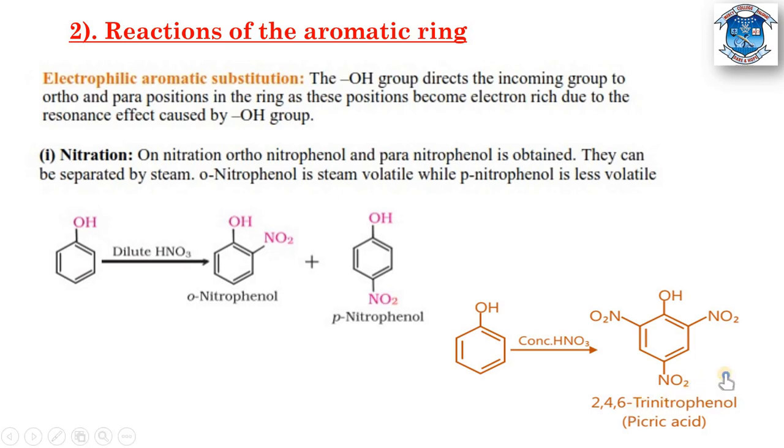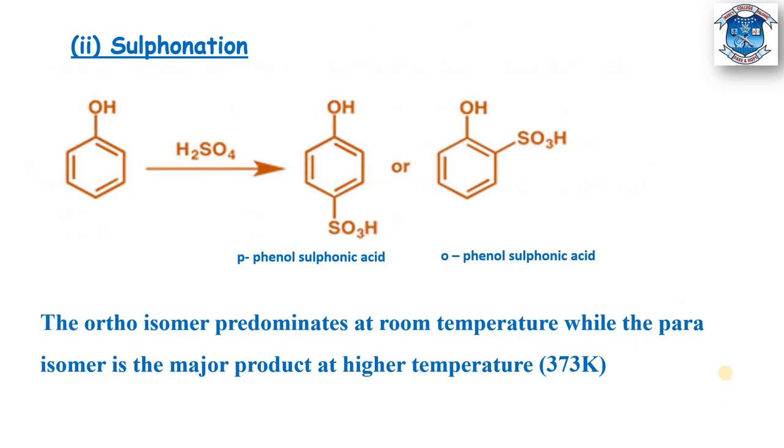This is also known as picric acid. Next is sulfonation. Phenol will react with concentrated sulfuric acid to form a mixture of ortho and para phenol sulfonic acids. At room temperature, the ortho isomer predominates, while the para isomer is a major product at a higher temperature.